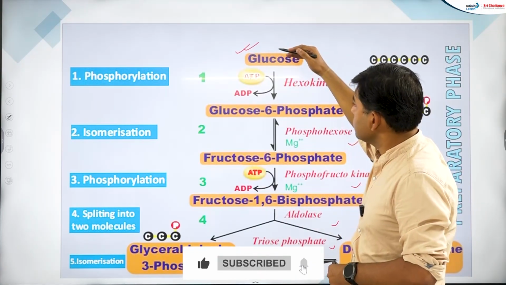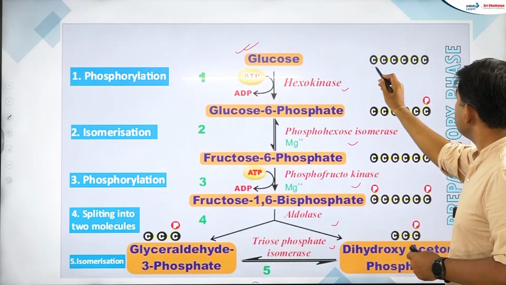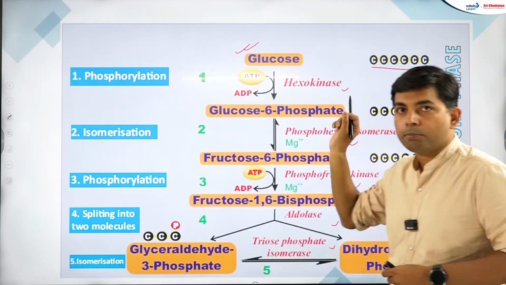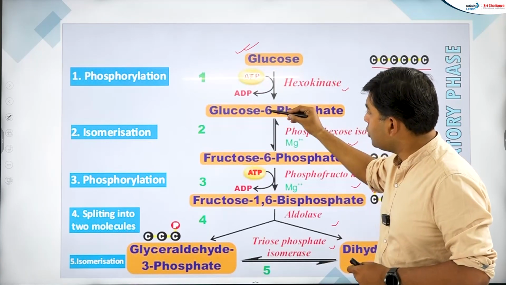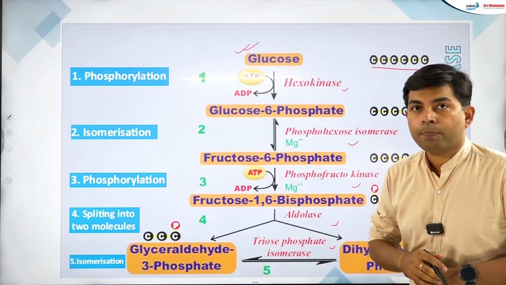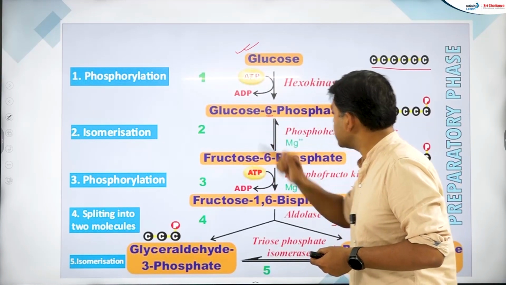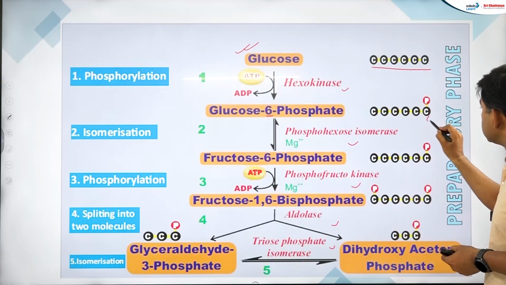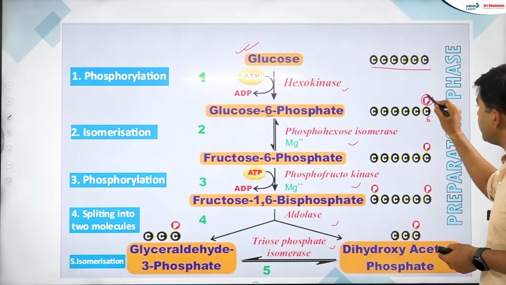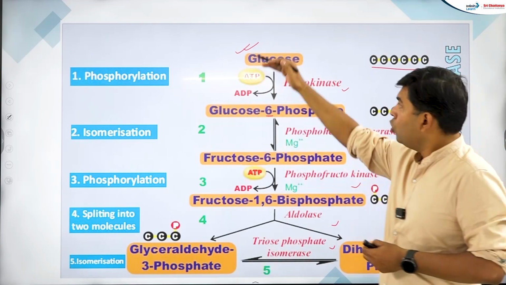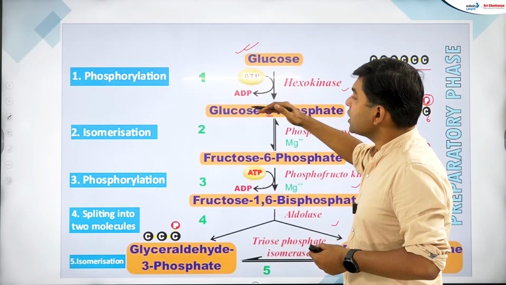Glucose is a 6 carbon compound and it gets converted into glucose 6 phosphate. Means one phosphate is added at which position? The 6th position. As you can see, one phosphate is added here. So glucose to glucose 6 phosphate.